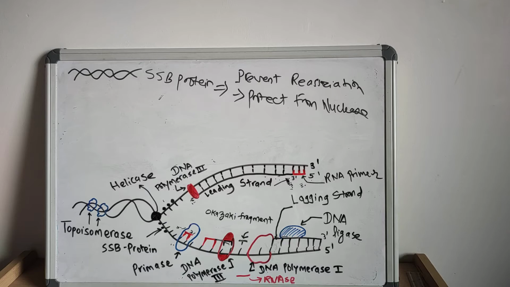Now let us go to the RNA primers. After the work of the RNA primer is finished, the RNA primer is removed by the RNase in the eukaryotes, and an uncharacterized DNA polymerase fills in the gap with DNA.